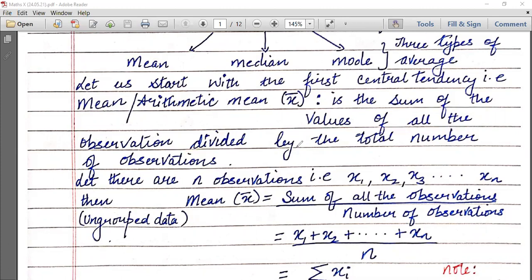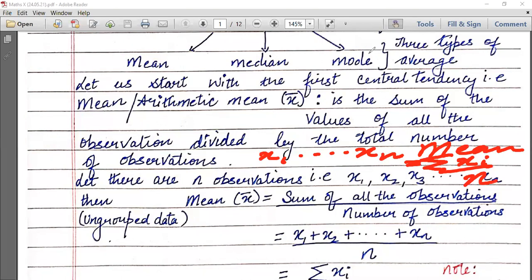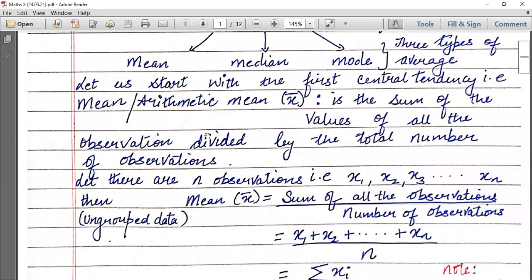So if you have n observations like x1, x2, so on to xn, then you can find the mean of these observations as the sum of all the observations divided by the number of observations. You can write it like this, and here this sign is sigma, or you can call it summation.